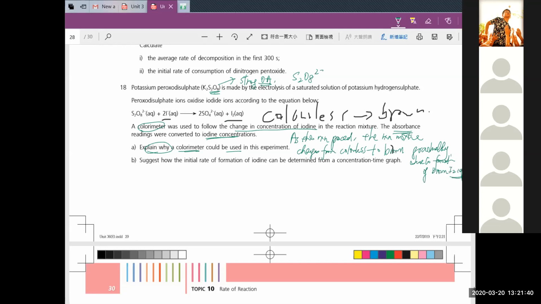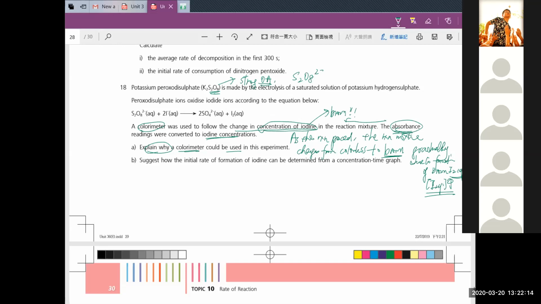So the concentration of iodine increased throughout the whole process, and the darkness of the brown solution will increase. The colorimeter is used to measure the absorbance. Absorbance is used to measure indirectly the concentration of iodine, because iodine is brown. Can you get the point?